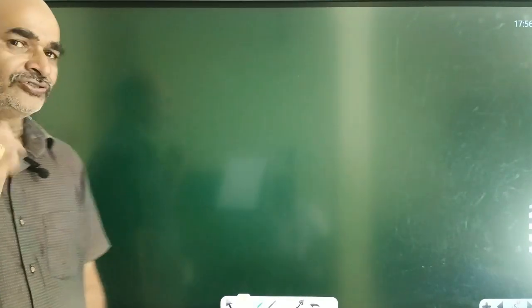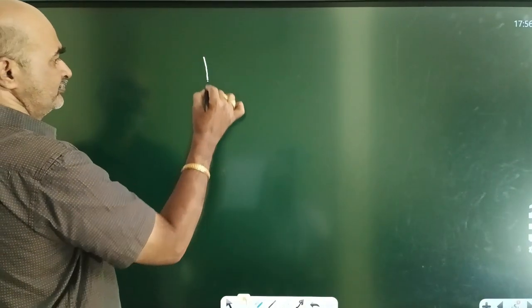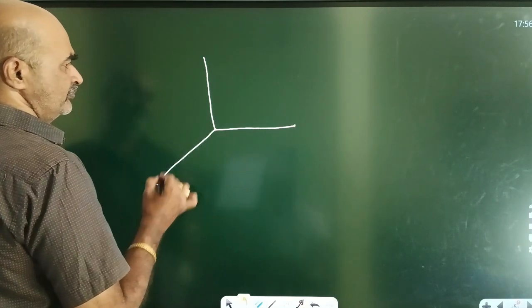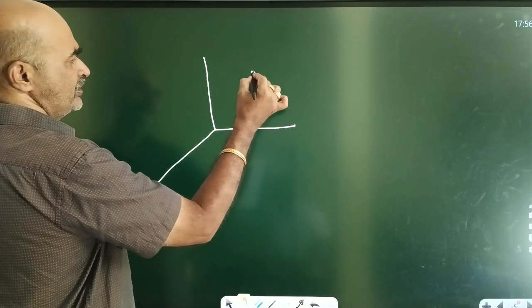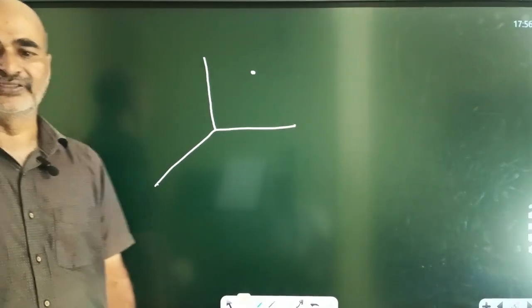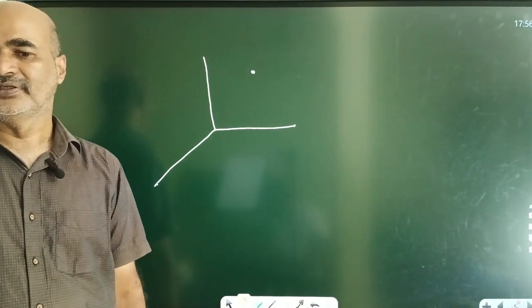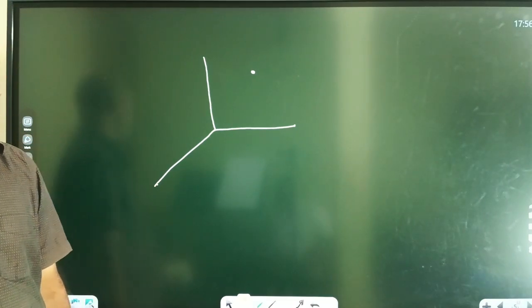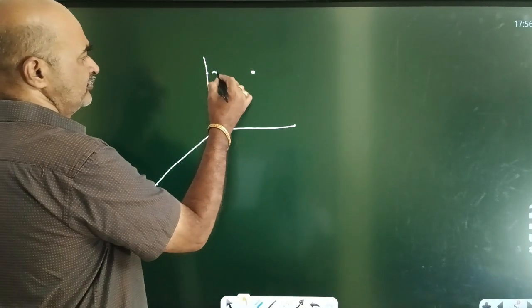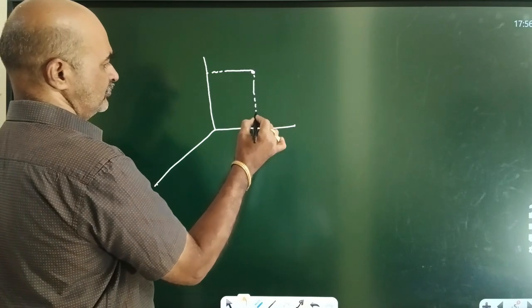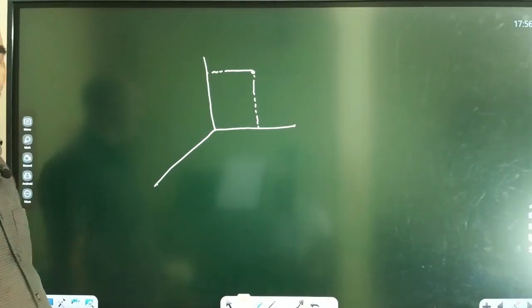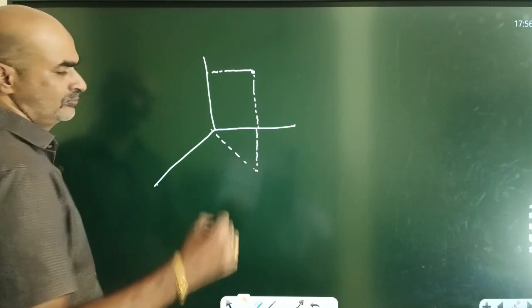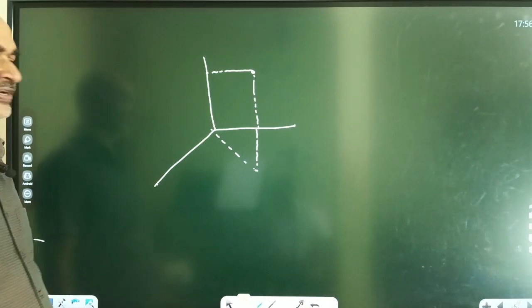Suppose here this is an electron or any object. This object is denoted by xyz coordinates.